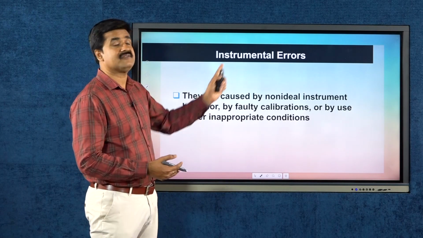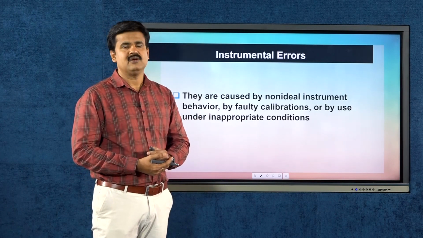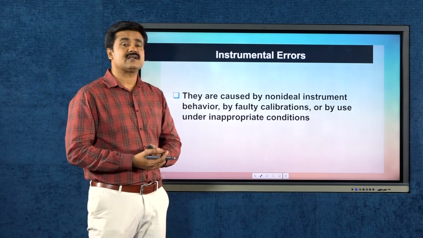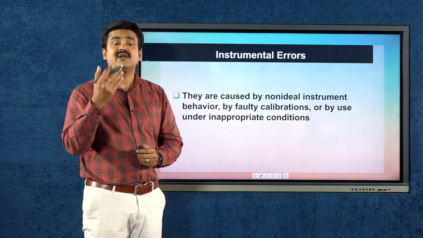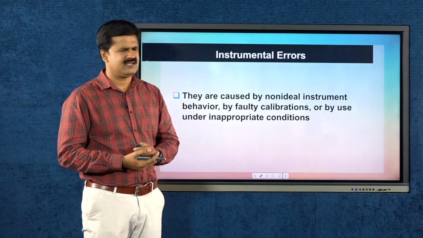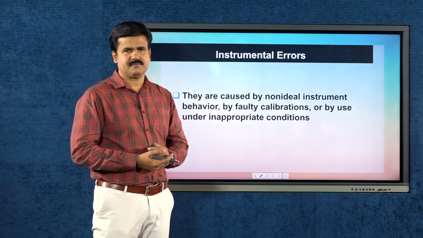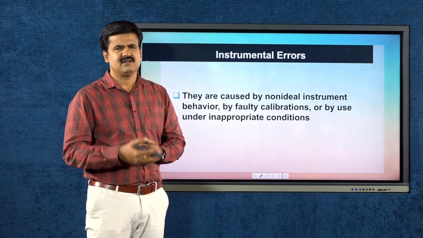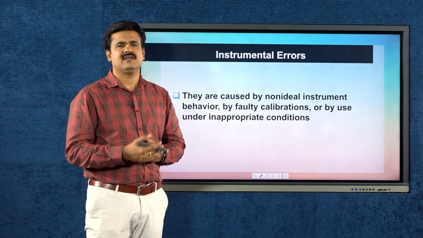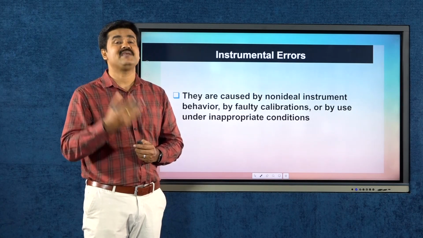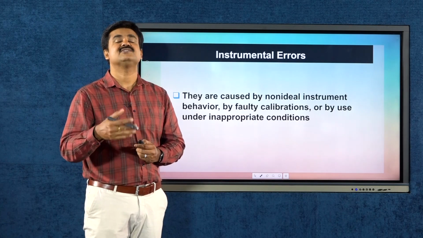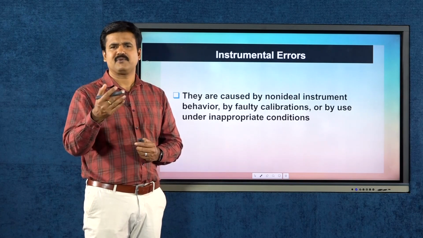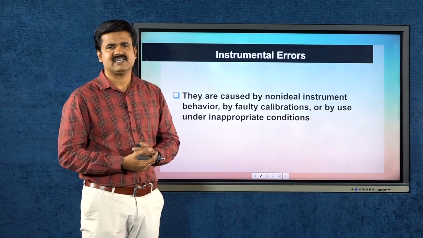So, out of it the first category, looking now, that is instrumental errors. The instrumental errors are caused by non-ideal instrument behavior, by faulty calibration or by use under inappropriate conditions. For example, you can use a pH meter to measure the pH of a solution. You know about the pH value. For pure water it is equal to 7 at 25 degrees Celsius.